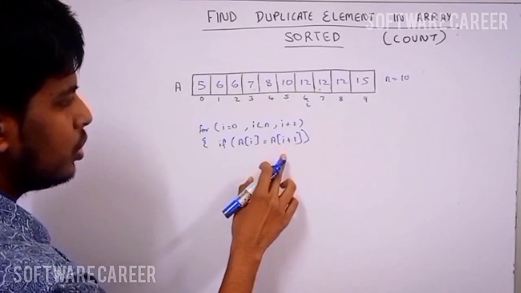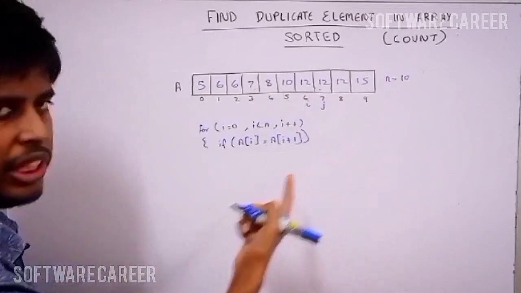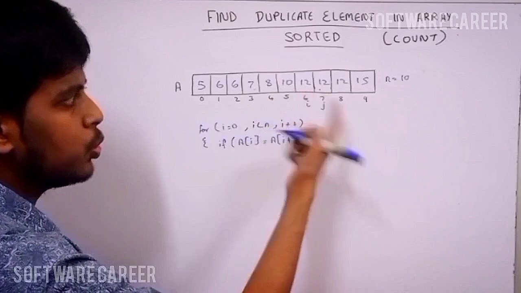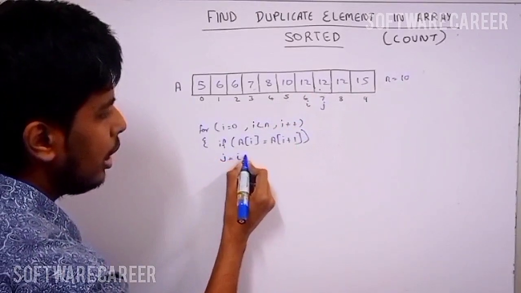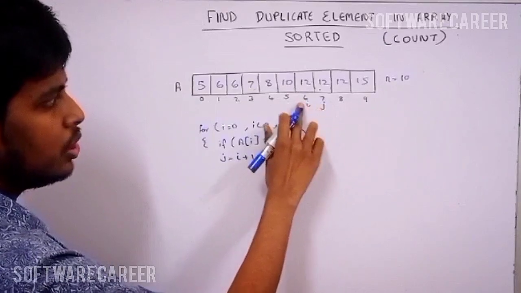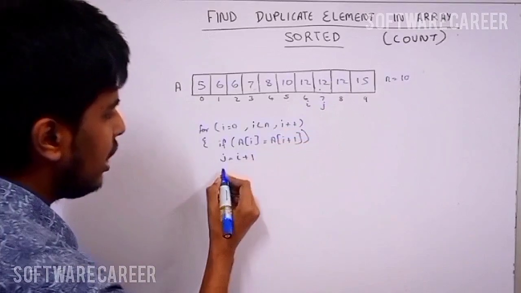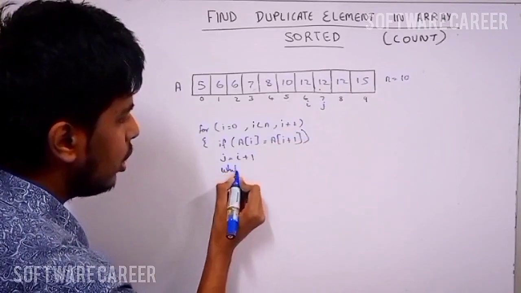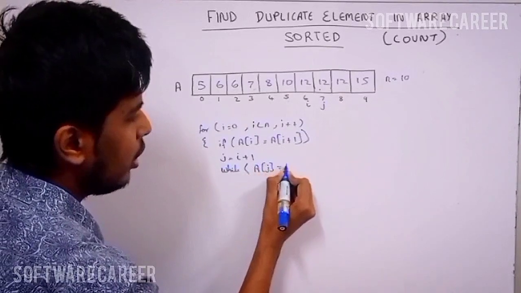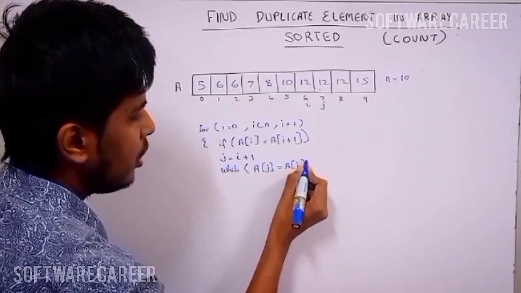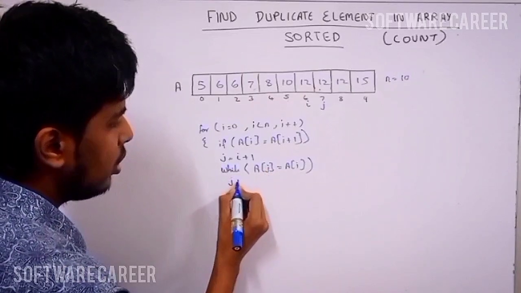If a of I equals a of I plus 1, you should take another variable j for counting how many times 12 is present. So I am writing j equals I plus 1. See, j equals 6 plus 1, 7. Now you should write a while condition: while a of j equals a of I, you should increase j by 1.